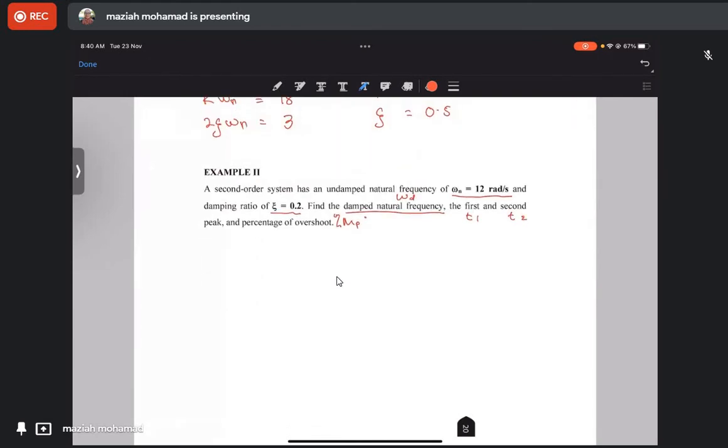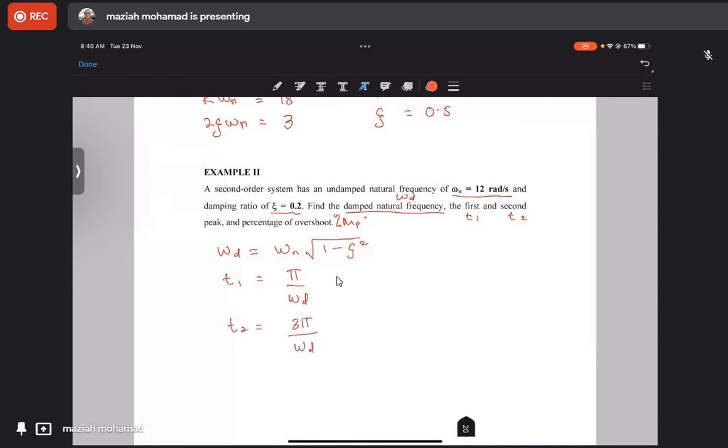So just calculate omega d. If you know the equations, it's just a matter of putting the values in. T1 is pi over omega d. T2 is 3 pi over omega d.